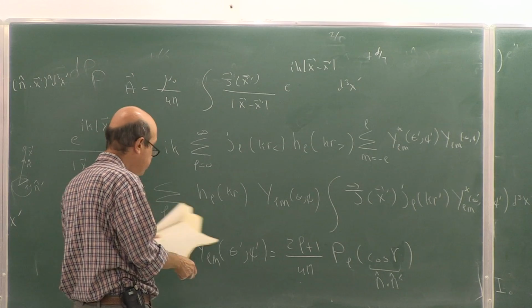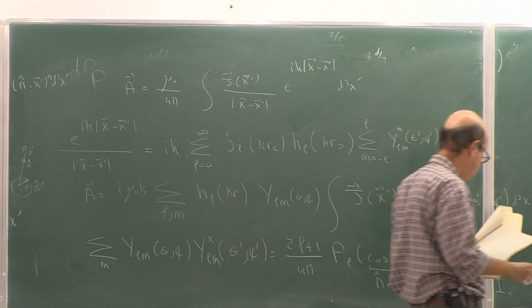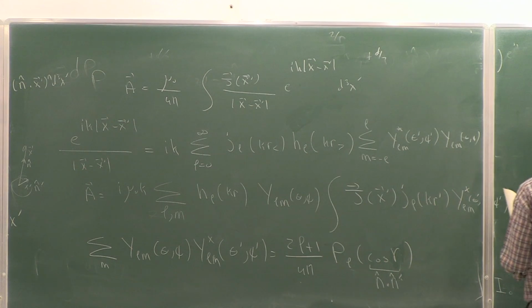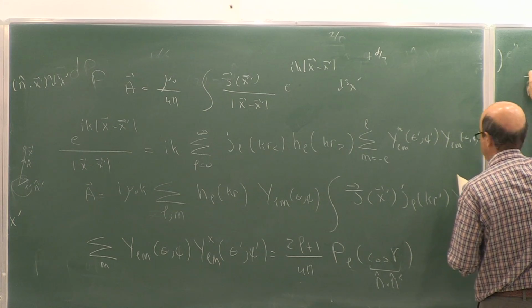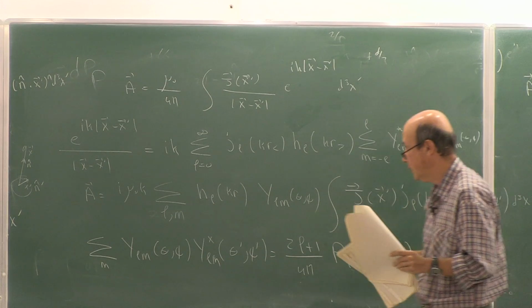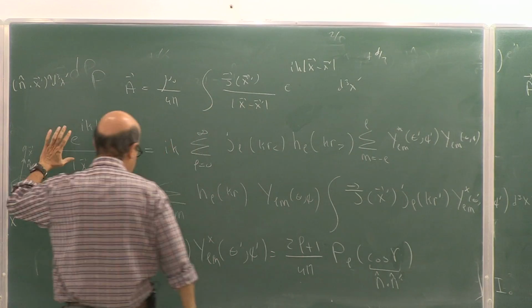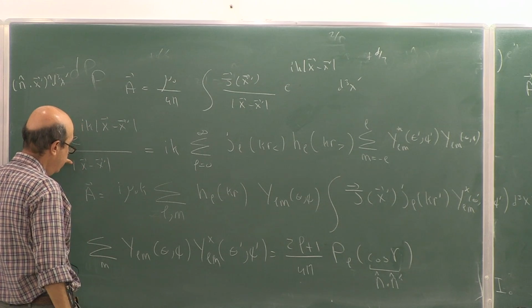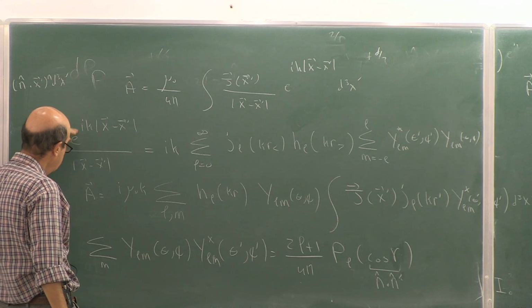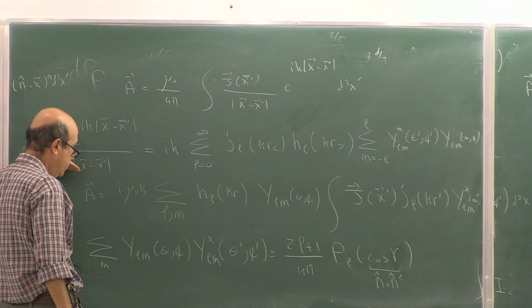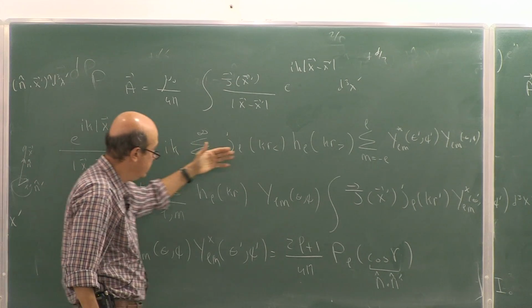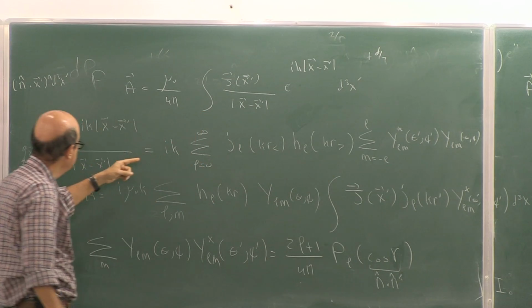So if you plug this information in here, the vector potential can be written in the following form. Let me tell you again, I am not doing anything fancy. I am just using one definition of the very nice formula: e to the ik|x minus x prime| divided by |x minus x prime| can be written in terms of spherical functions.